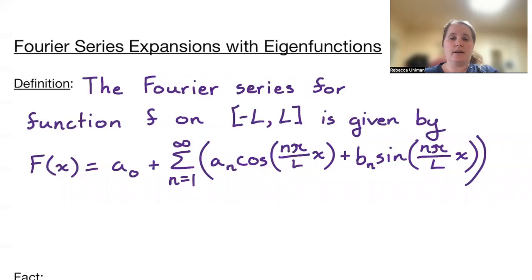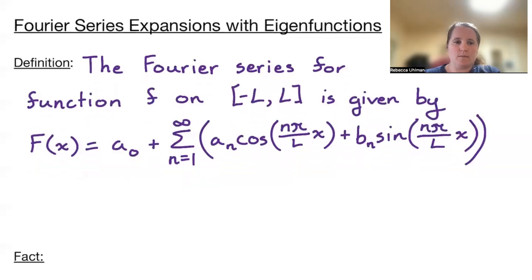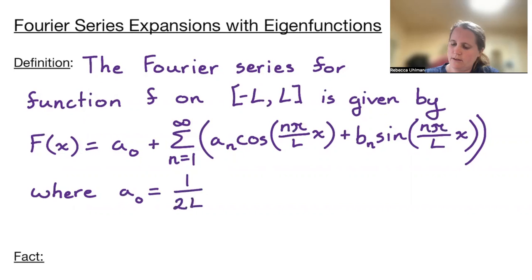where a n and b n have rather specific formulas. So where a naught is equal to 1 over 2L times the integral from negative L to L of f of x dx.